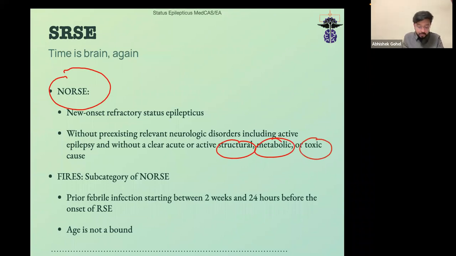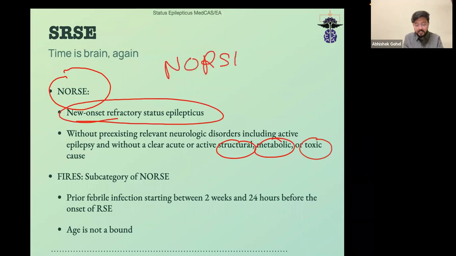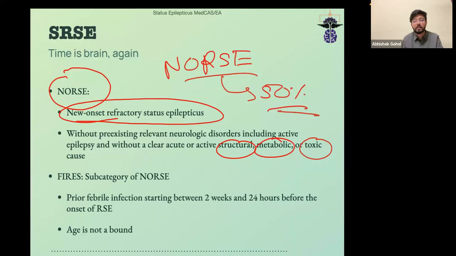So at that point of time, we diagnose it as NORSE. Why is it important? Because 50% of it are autoimmune in origin. And if it is of autoimmune origin, we have treatment options available for the same. As simple as that.